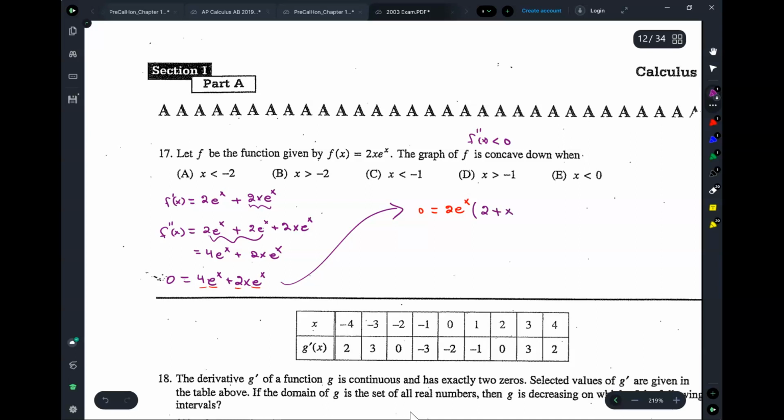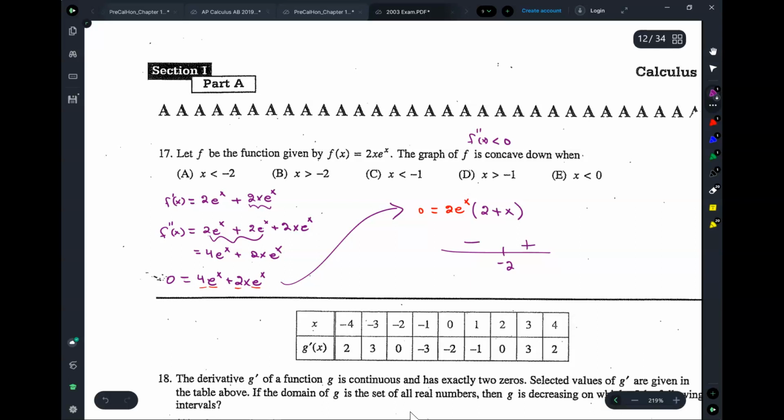(2 plus x). Okay? Now, can e^x ever be 0? No. But 2 plus x can at negative 2. All right? And now, after negative 2, this whole thing is positive, right?